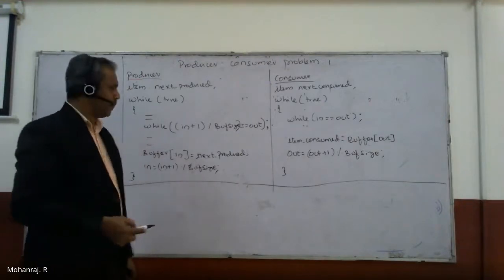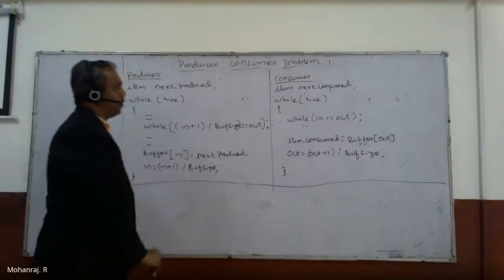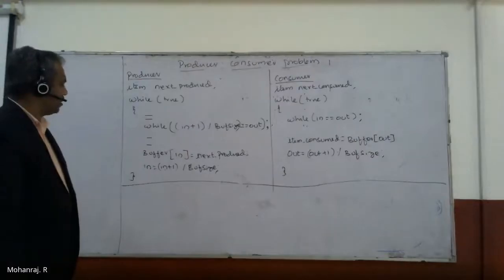Sir, is there an exclamation mark before n in the while loop of the producer? In the while loop of the producer, you have written n plus 1 divided by buffer size. So is there something before n, some symbol?